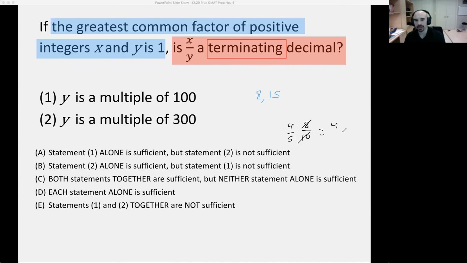You get 4/5, right? So if there's a common factor, the first thing you do is reduce. What the free info is telling us is that this is already fully reduced. Let me type that on the board. So what if x over y is a fully reduced fraction? So what?